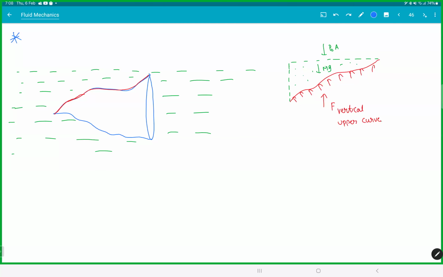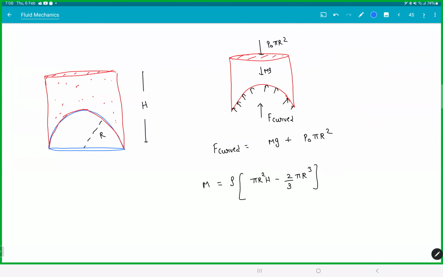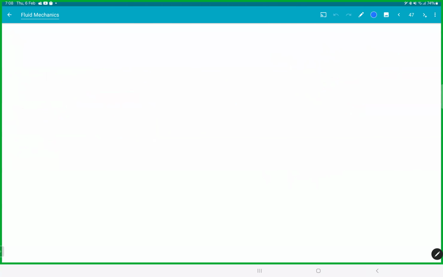Let's start off the next one. So we have a U-shaped container here.